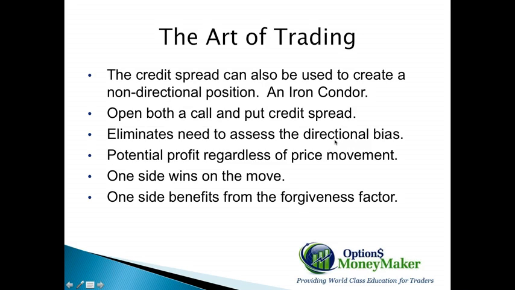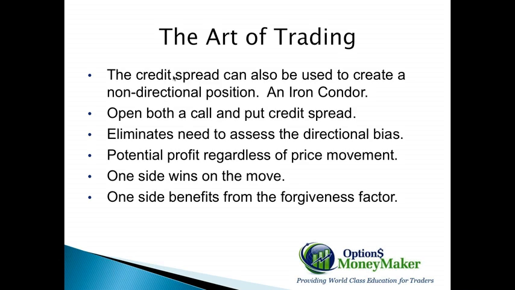Now, the cool thing about the credit spread is it can also be used to create a non-directional trade. A non-directional trade is not requiring you to determine which direction the index is moving. When we put together a put credit spread as well as a call credit spread, that is what we call an Iron Condor.